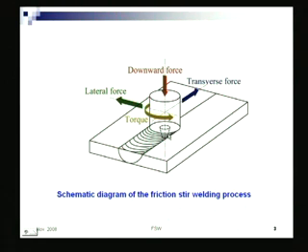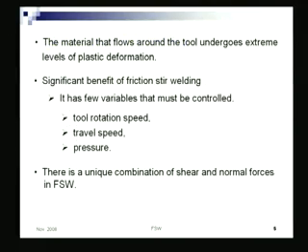As shown in the diagram, it is a tapered cylindrical pin, but this can be of different types. It can have a helical shape, it can be trapezoidal kind of thing, not necessarily cylindrical, it can have threads in it, different types people have tried. So, for a given tool, there are only 3 parameters which need to be controlled.